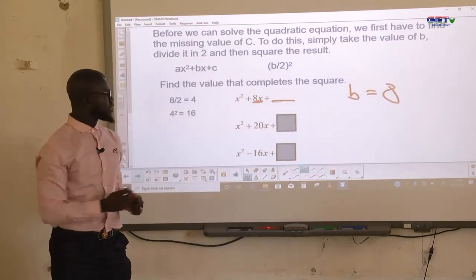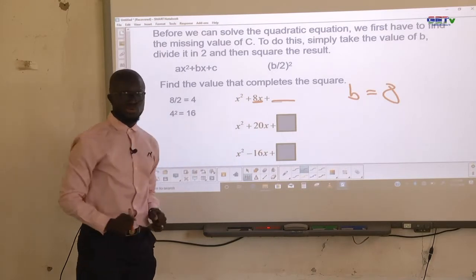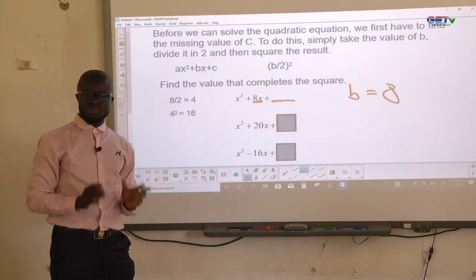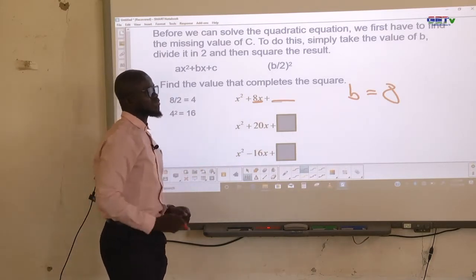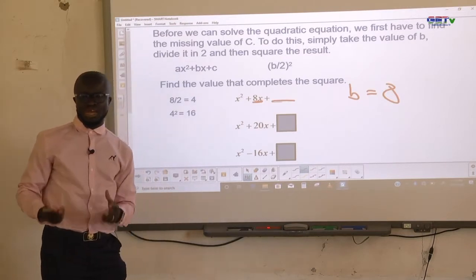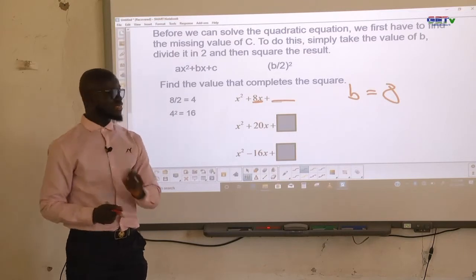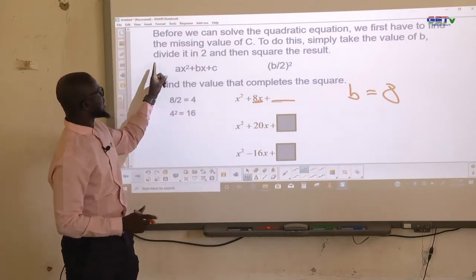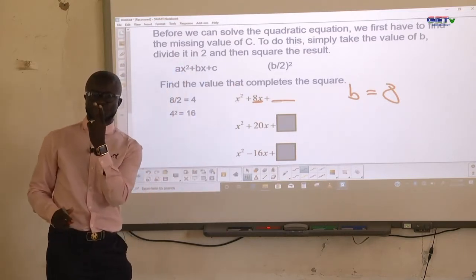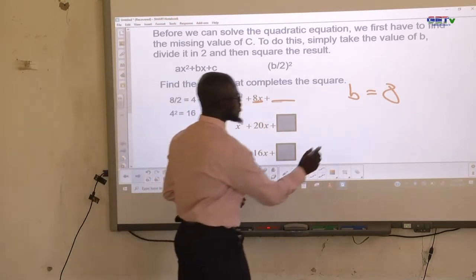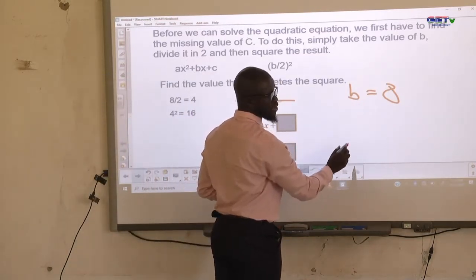I repeat, with the expression we have on the blackboard, the value of B is 8. Now, what did we say after identifying the value of B? We stated clearly that you take the value of B and divide it by 2. So we are going to take the value of B, which is equal to 8.